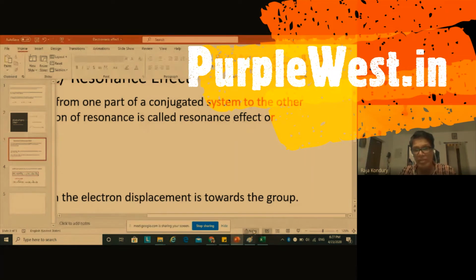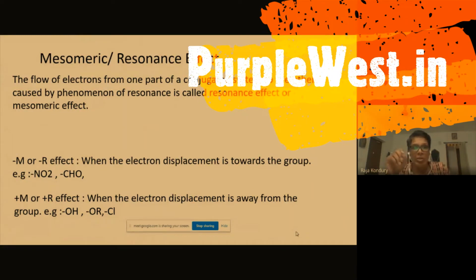So let's have a quick look at what the resonance effect is first, which is also called the mesomeric effect. It is a flow of electrons from one part of a conjugated system to the other, caused by a phenomenon called resonance. So what are conjugated systems?